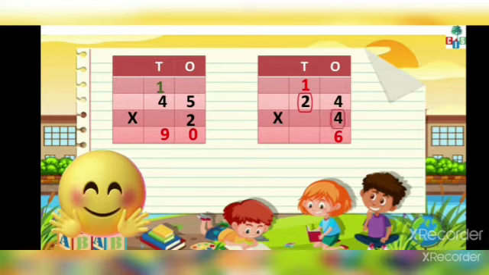So let's say the table of 4. 1 fours are 4. 2 fours are 8. Right? Now you are getting the answer. 2 fours are 8. 8 plus 1. Now you will add it. You have to add the carryover. So 8 plus 1. You get the answer 9. Done? Let's move to the next slide.